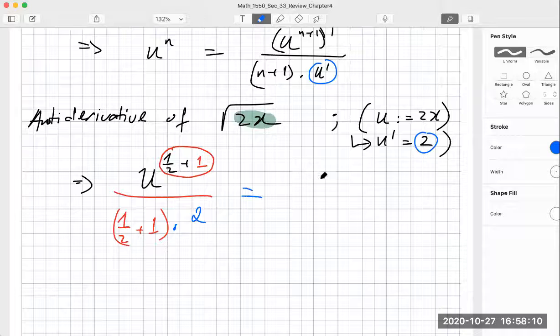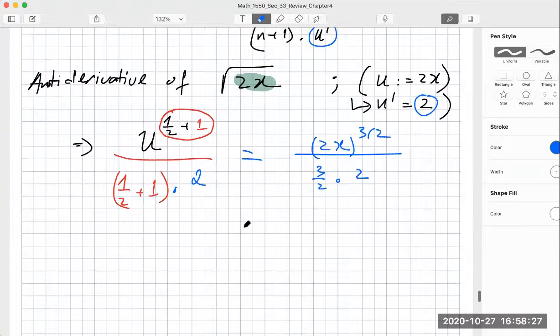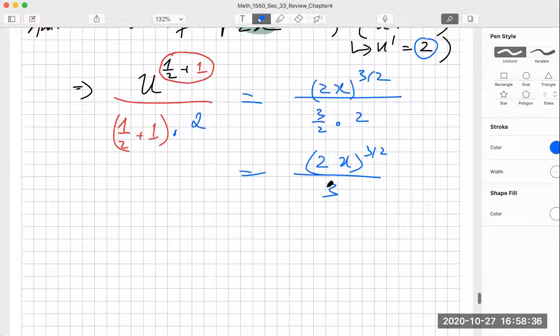For u, we know that it is 2x, raised to the power of 1/2 plus 1, which is 3 over 2. And here 1/2 plus 1 is 3 over 2. And number 2 here, in short, it becomes 2x to the 3 over 2 divided by 3, right?